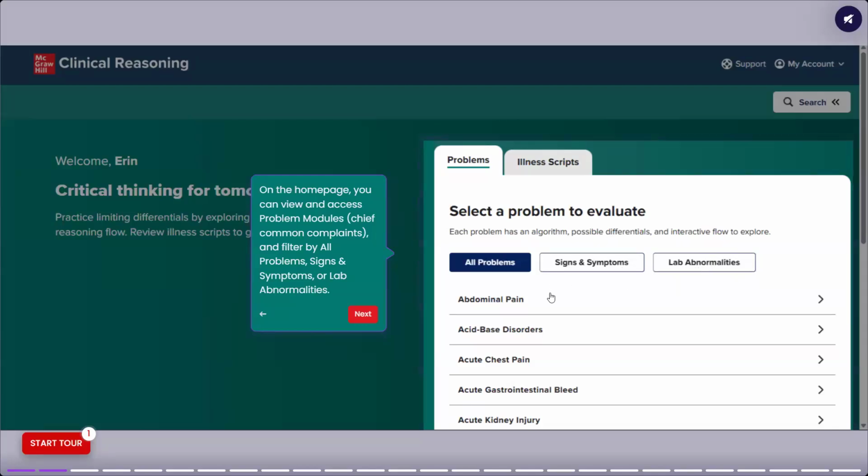So say, for example, I want to look at problems that feature fever. I can filter by the signs and symptoms, or say I'm looking at problems that also include some lab abnormalities like low hemoglobin. I can also use these filters to find specific problems that I want to review.